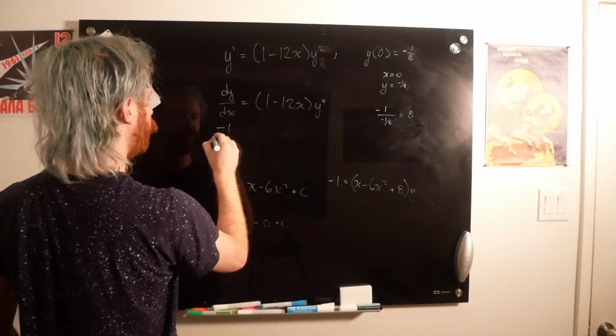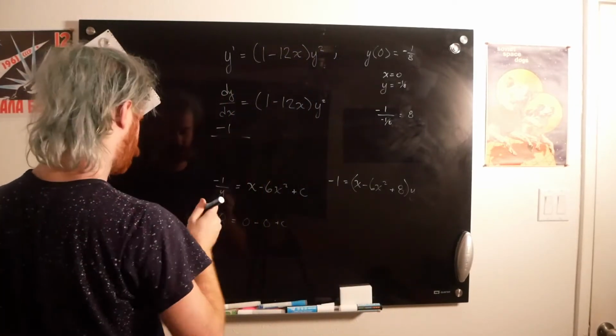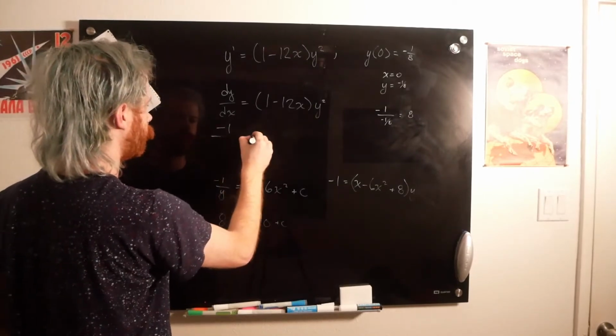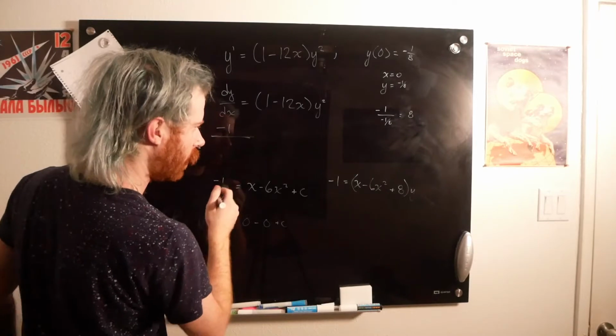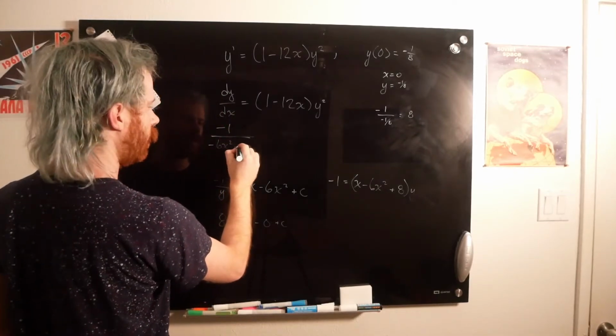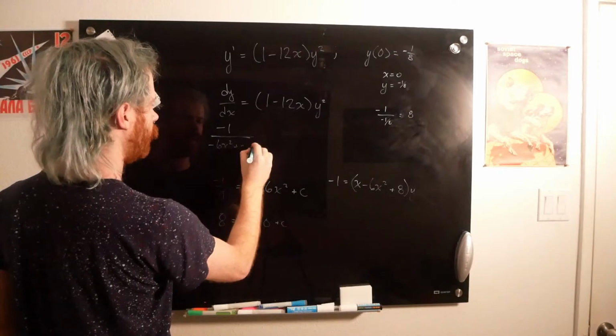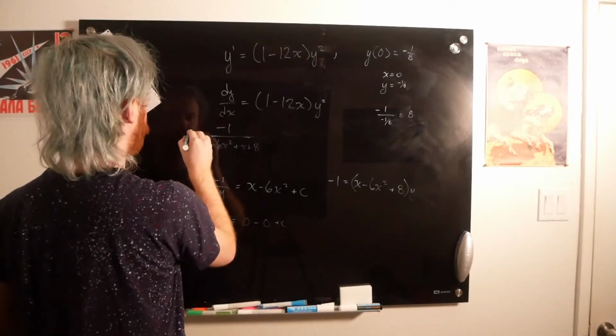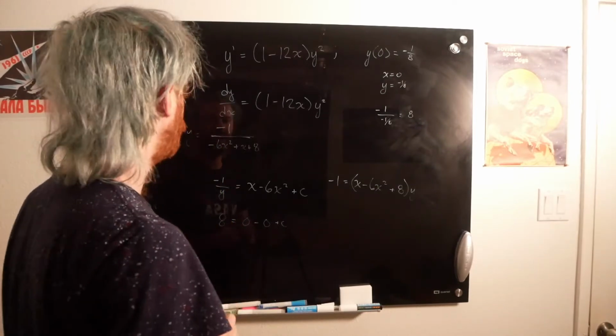So I'll have negative 1 over negative 6x squared plus x plus 8. And that was going to be our answer.